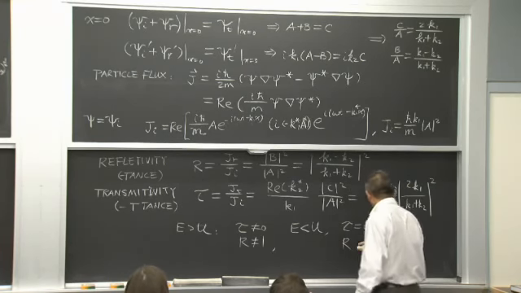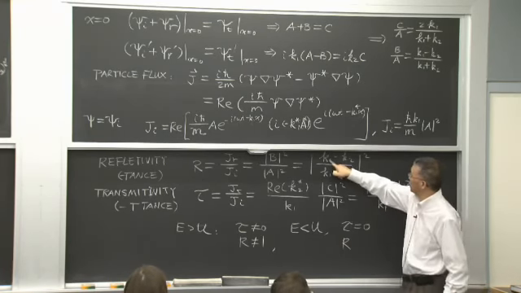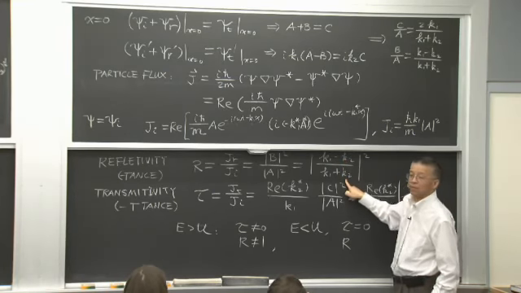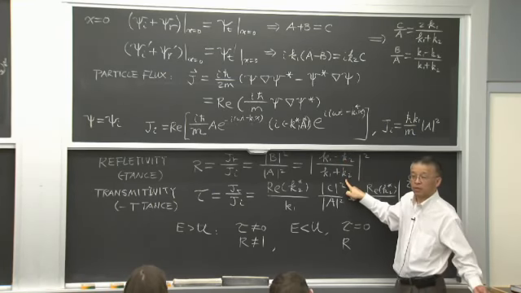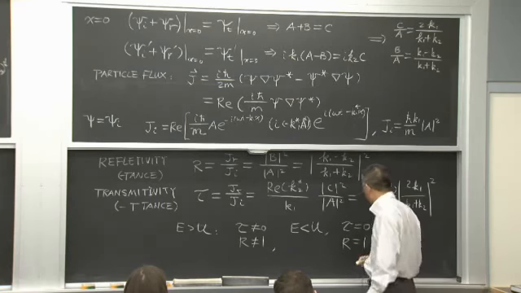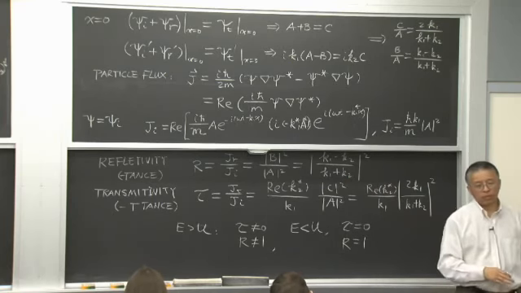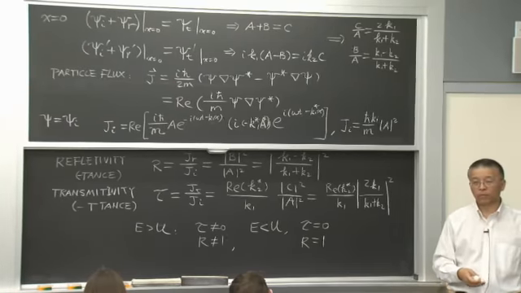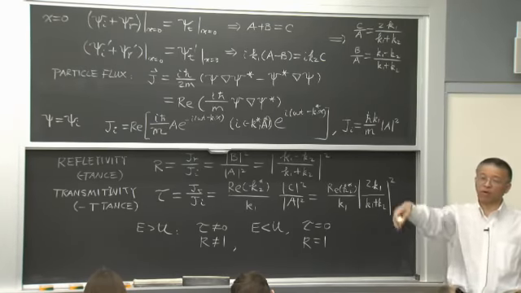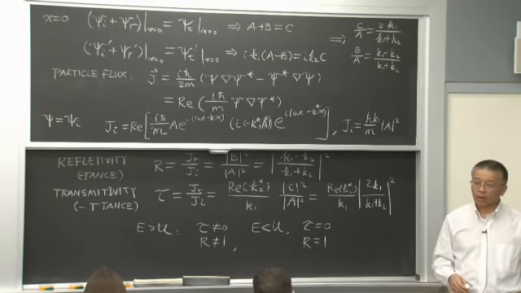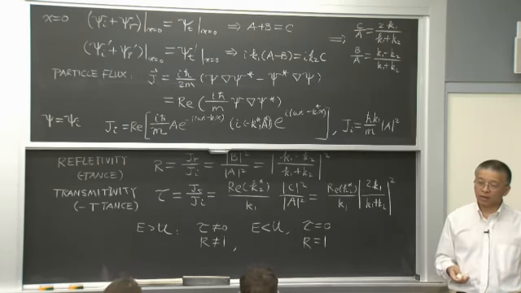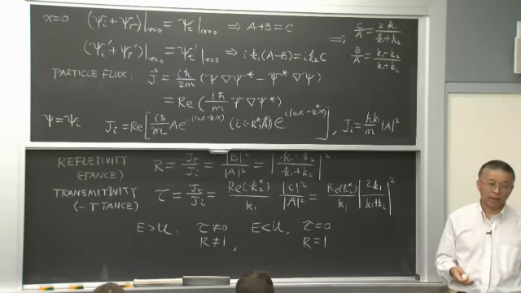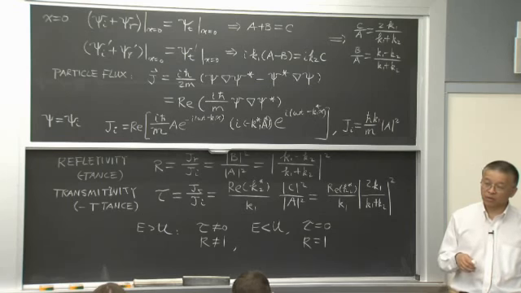And your reflectance, if you plug in here, this is real, this is imaginary, this is real, this is imaginary. The modulus is 1, right? So reflectance is 1. So the particle is all reflected. It's expected, right? You throw a ball below the wall, the ball bounces back. But there's still something special.